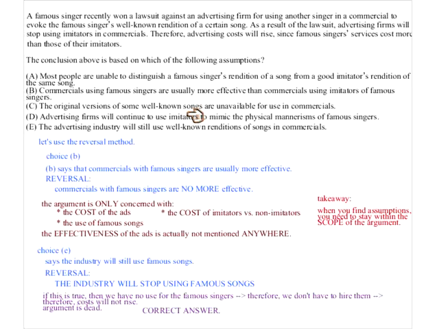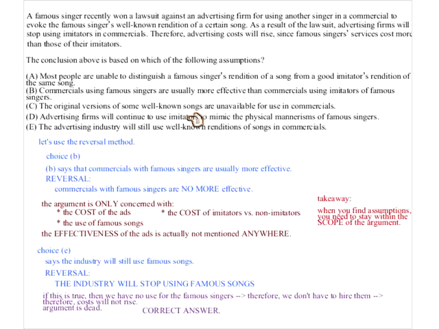But the original versions are going to have been done by famous singers, because they're the original version. So if you reverse this, it actually plays into the argument rather than working against it, because if you're using original versions, then you are still using famous singers. So that'll still make your cost go up. So if you reverse C, it actually goes with, not against, the flow of the argument.